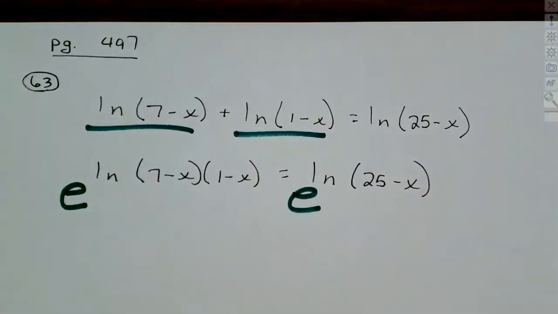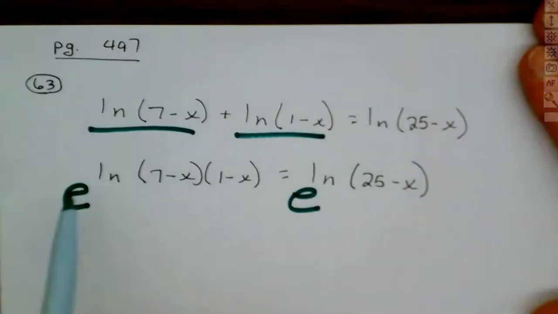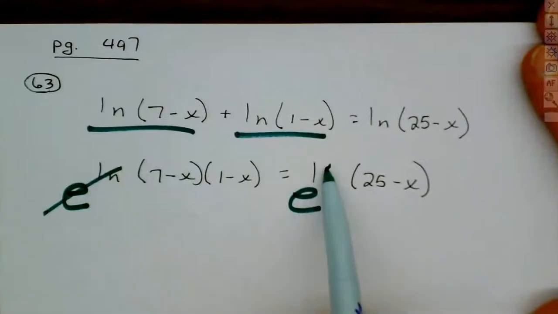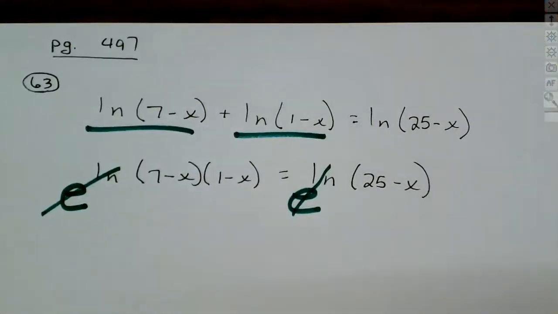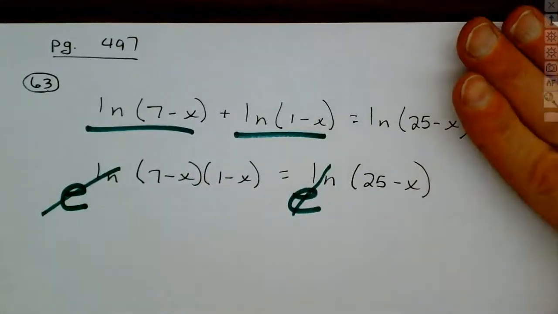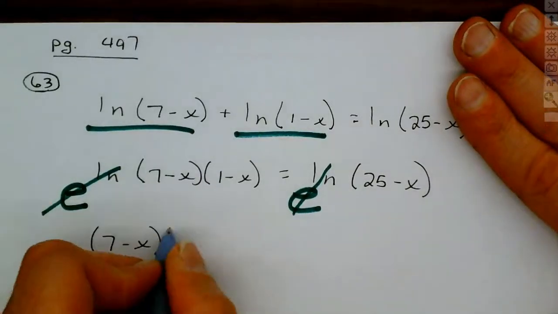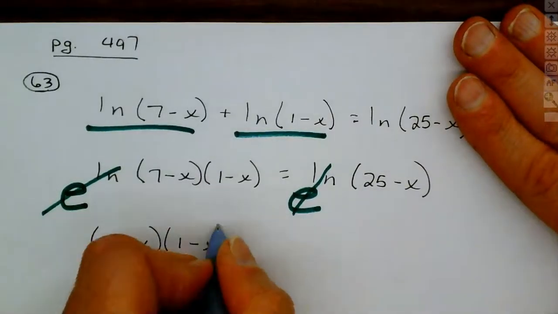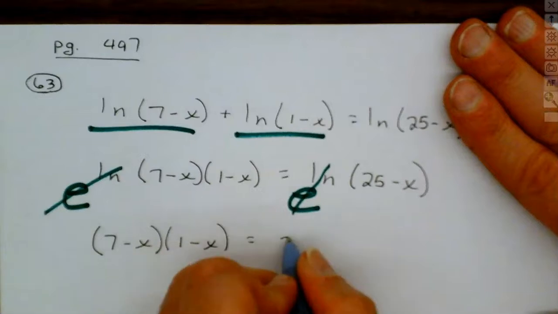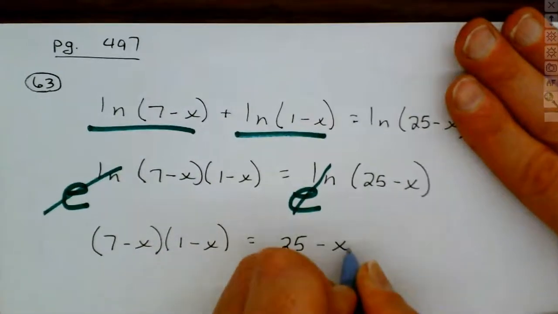We take both sides to the e power. Now, those cancel and those cancel, and look at what we're left with. We are now left with 7 minus x times 1 minus x, and that equals 25 minus x.